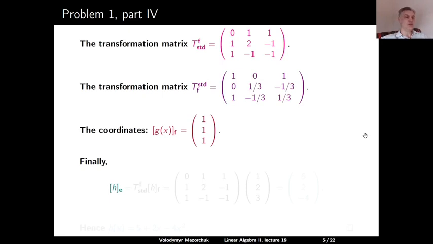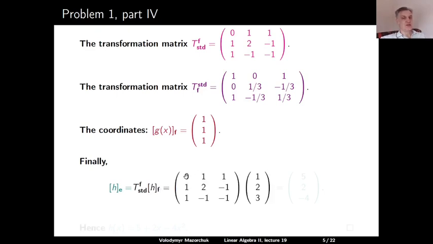Finally, we also need to determine which polynomial h has in our basis f coordinates 1, 2, 3. Using the base change formula, the coordinates of h in the standard basis are equal to the transformation matrix from the standard basis to f times the coordinates of h in the basis f.